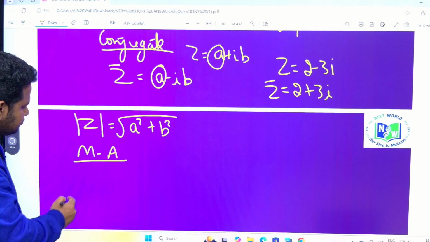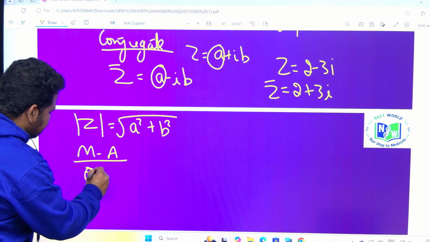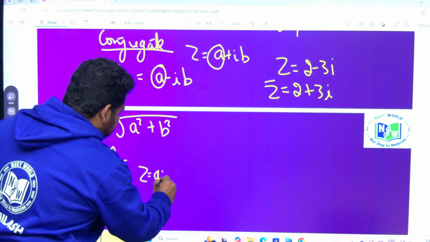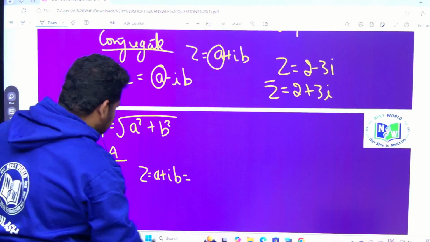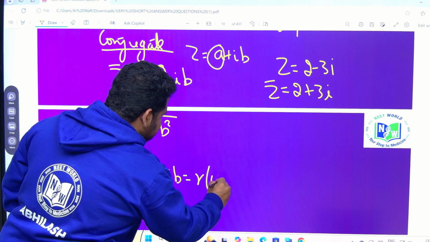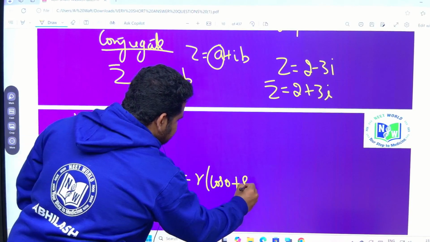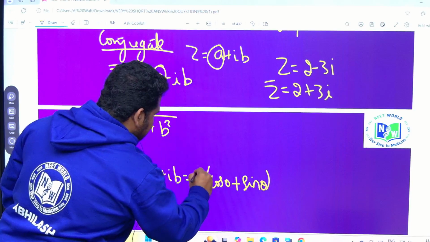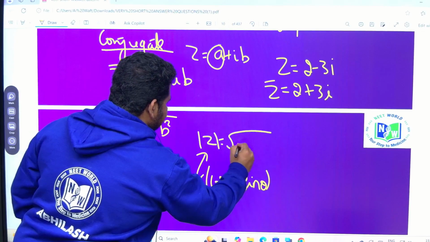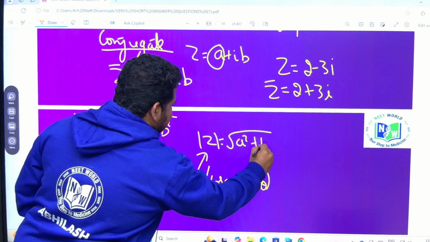Suppose theta belongs to the real numbers, then Z is equal to A plus iB can be written as R into cos theta plus i sin theta. Here R is nothing but the modulus of the complex number, given by root of A square plus B square.